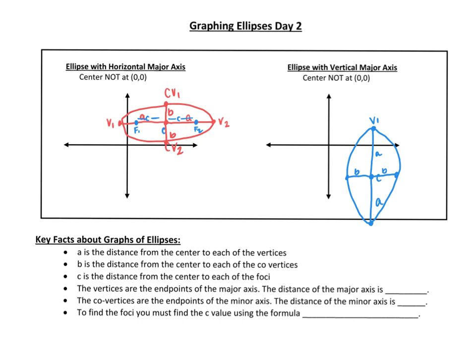Now the foci still lie on the major axis, so here we'll call this foci 1, we'll call this foci 2, and they are C units from the center. So that is your picture for an ellipse that has a vertical major axis.